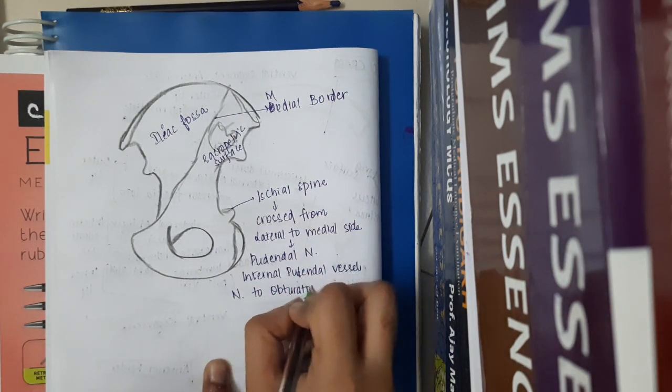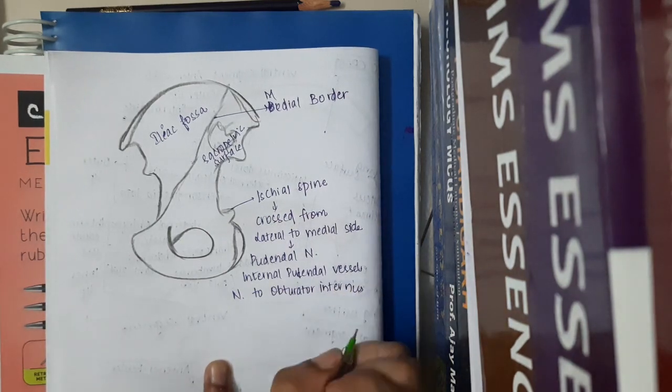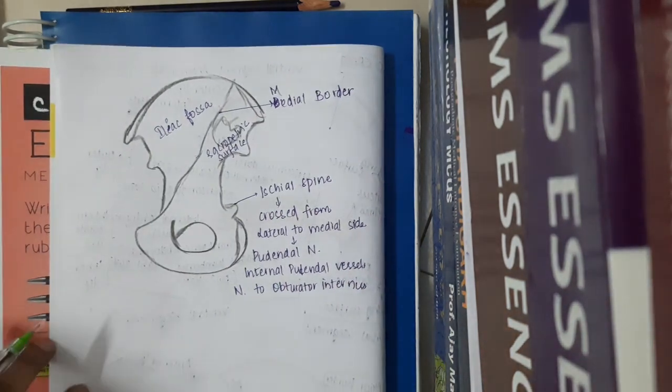See, all these will cross the ischial spine, that is pudendal nerve, nerve to obturator internus and internal pudendal vessels.